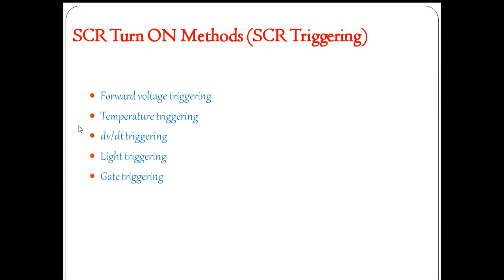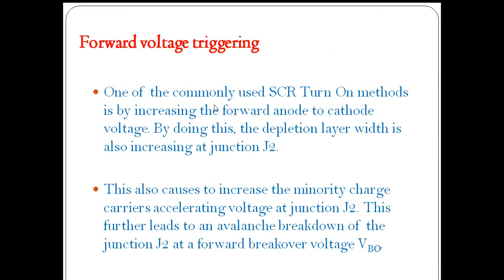Depending on suitability, we use the concerned technique for proper operation. The first one is forward voltage triggering. For all the turning on processes, the device has to be forward biased.